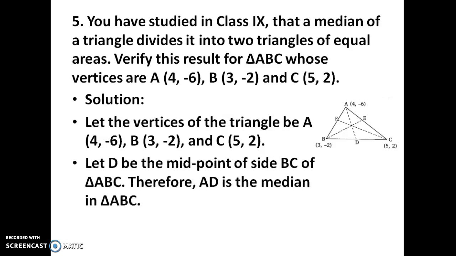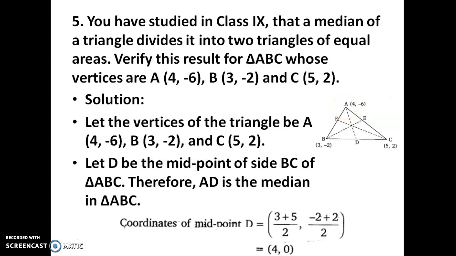ABC is the given triangle, and D is the midpoint of BC. If you join that midpoint to the opposite vertex, that is the median. Median means the line from the midpoint of one side joined to the opposite vertex. So this is the median of triangle ABC.